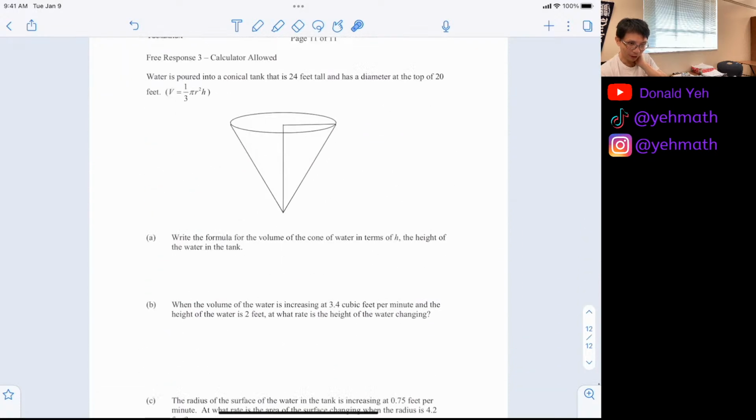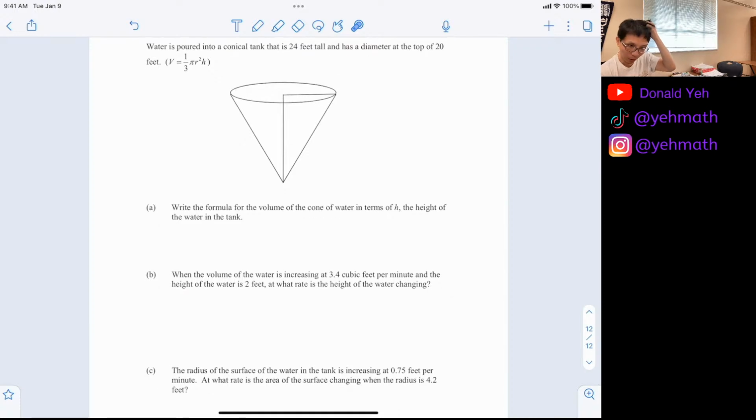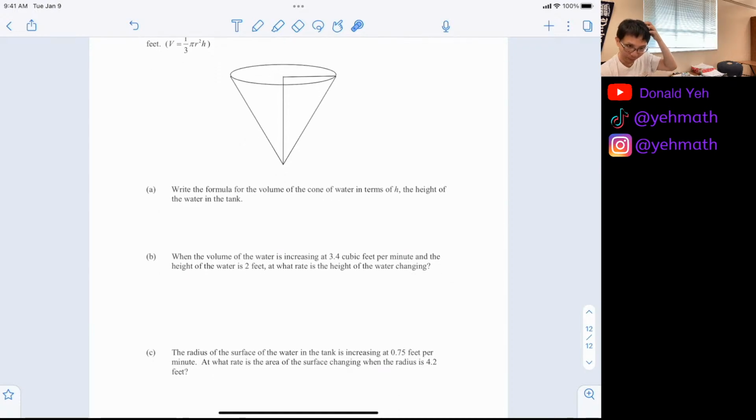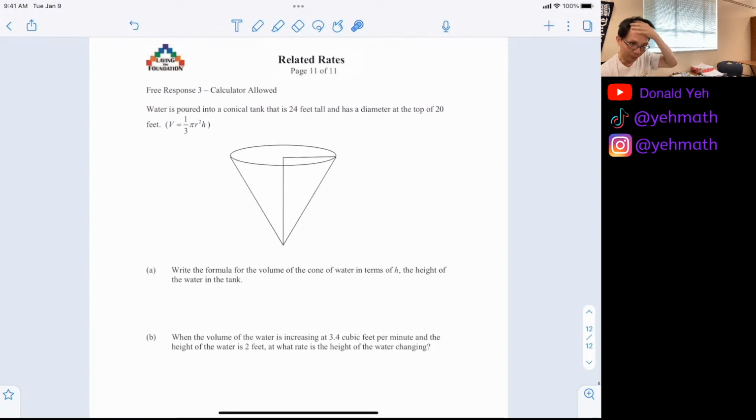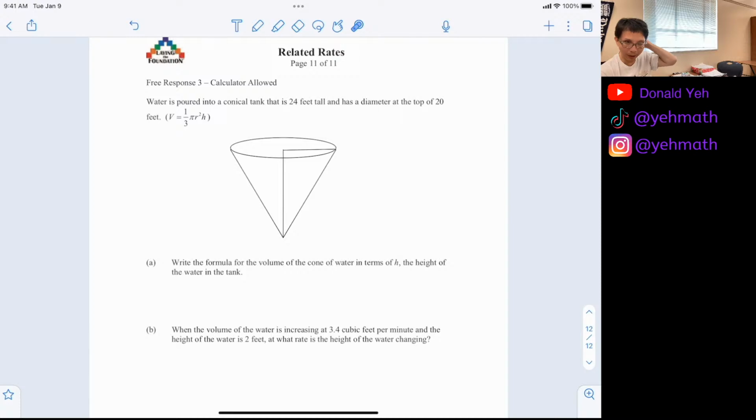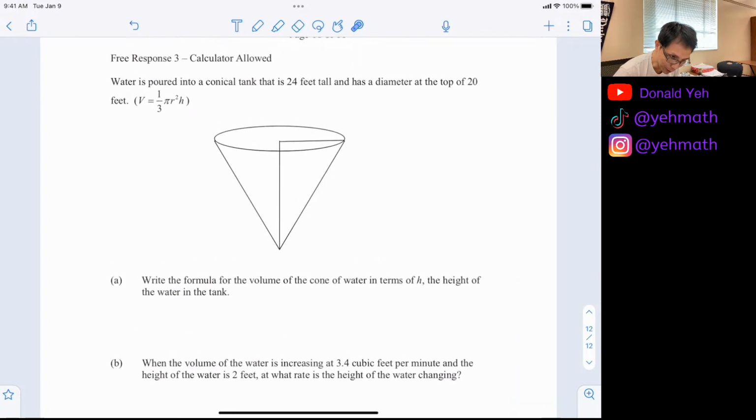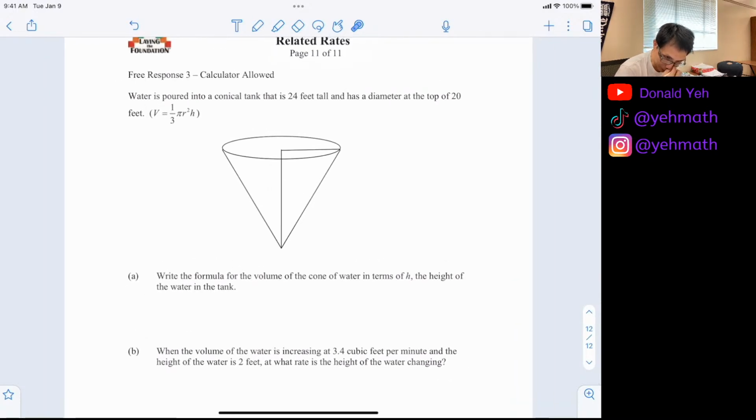Okay, so let's talk about the cone one. This cone one is kind of interesting. They already drew it for you. Water's pouring into a cone 24 feet tall. So this is 24. And the diameter of the top is 20. So this is 10.